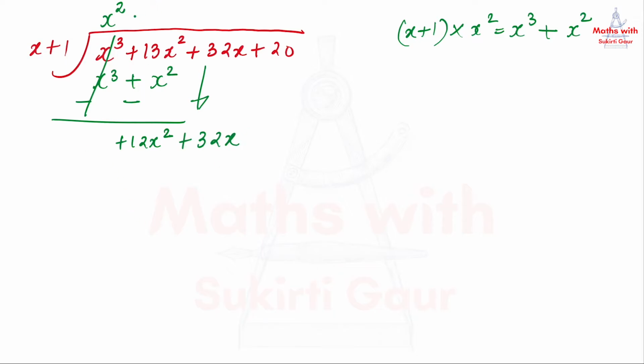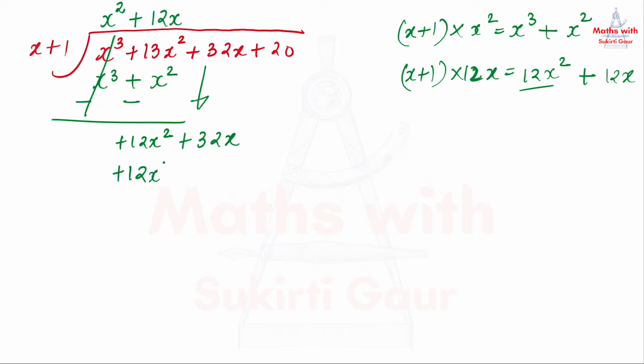Now at the first place we want 12x square. So we are going to place here plus 12x such that x plus 1 into 12x gives 12x square that we want, and along with that 12x square plus 12x. Here the sign changes, and we are going to get here 0.